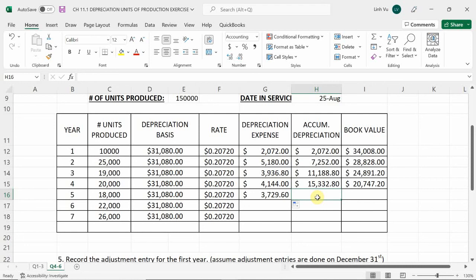Good. So what's my total accumulated here? $19,062.40. Good. So what's my book value?